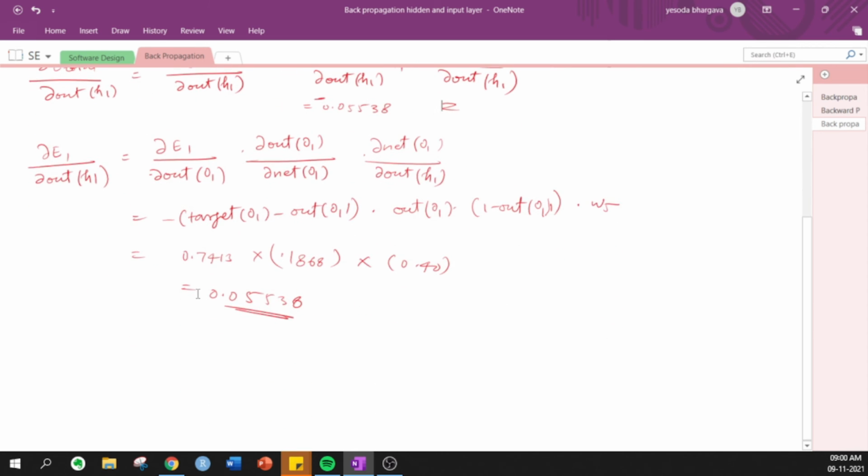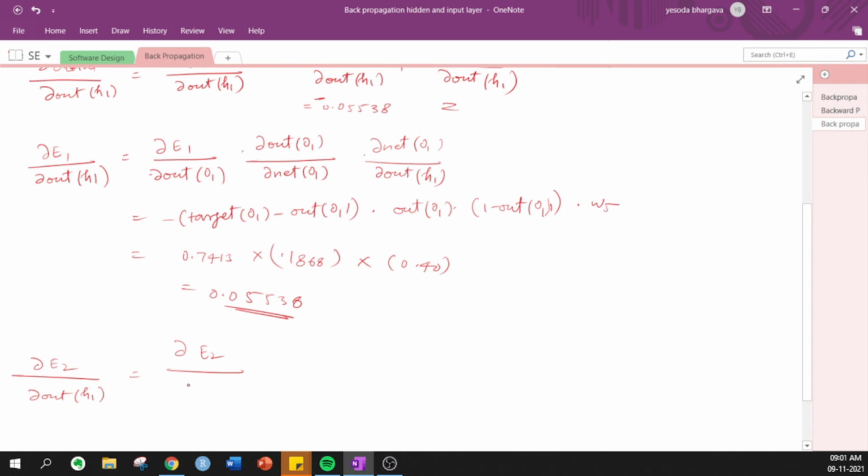Now we compute the second portion, the partial derivative of E2 with respect to output of H1. Here we try to understand how to go about this.